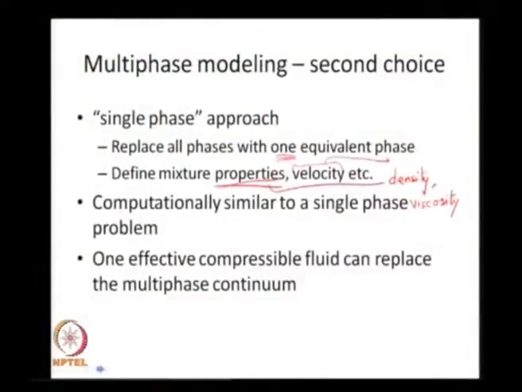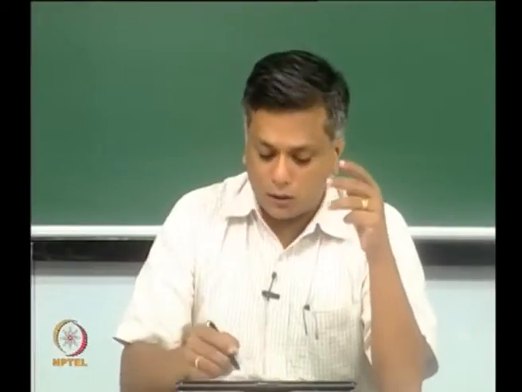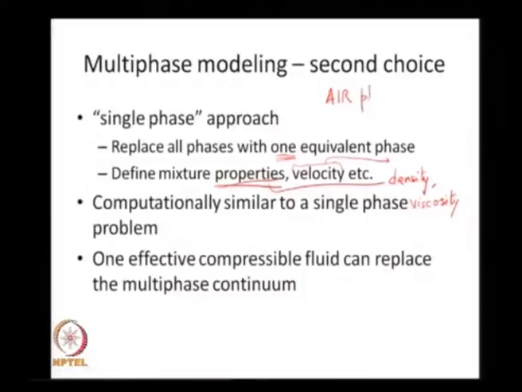The second modeling choice is a replacement of the two phases. I replace the two phases with a single phase.